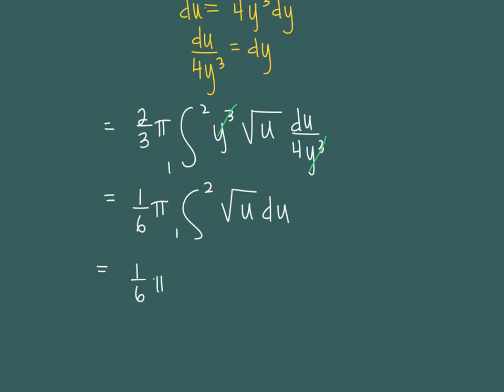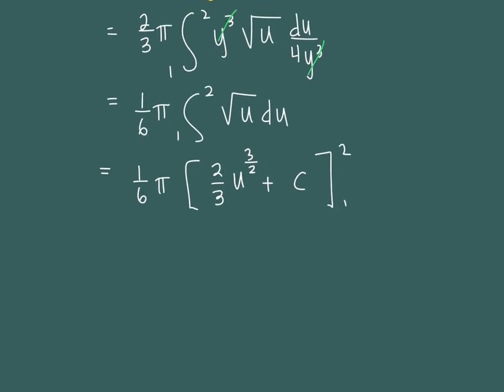So 1/6 of pi on the outside. My antiderivative will be u to the 3/2 times 2/3 plus c, going on bounds of 1 to 2. And once I've committed to those bounds, I don't need to change them back. I would just stick with 1 to 2.